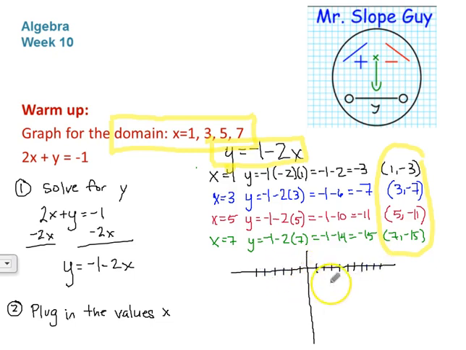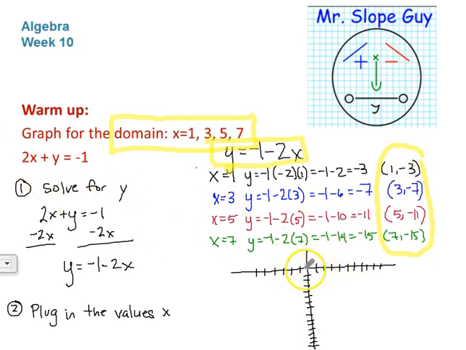We don't actually have any x's in the negatives, but we have a lot of negative values for our y's. So 1, 2, 3, 4, 5, 6, 7, 8, 9, 10, 11, 12, 13, 14, 15. Ignore what I said about a scale of 2. Ignore that. So let's plot our points now.